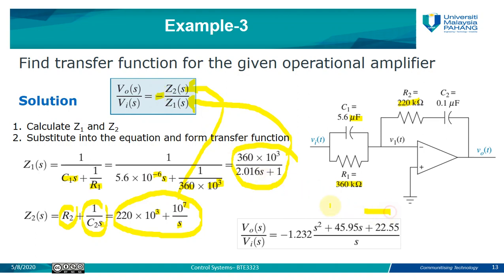So your transfer function becomes V out over V in equal to this value. The transfer function is always a function of S. You are going to see S squared, S cubed, S to the power of 4, or S to the power of 5, depending on the highest power of S, but it is a function of S that relates V out to V in.